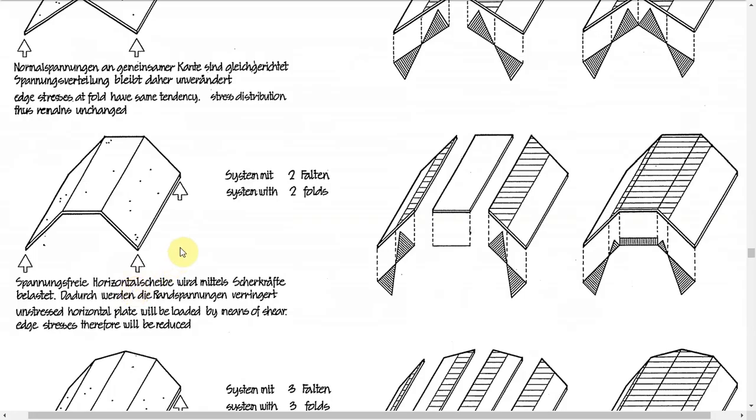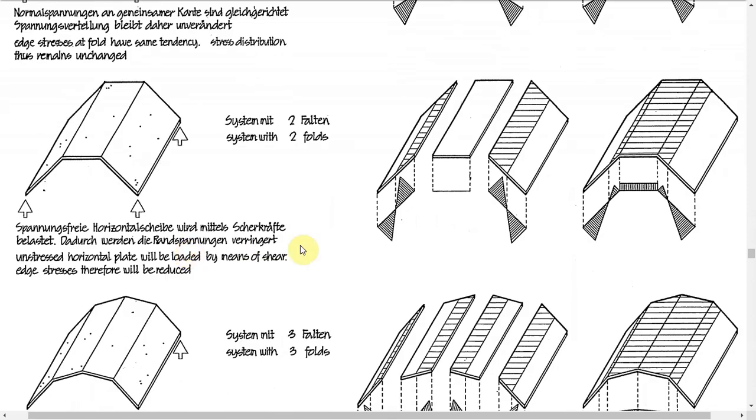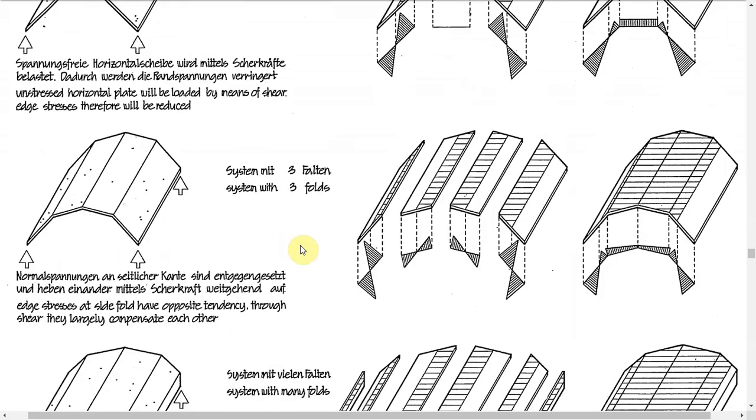Then if we introduce two folds, what happens? The unstressed horizontal plate will be loaded by means of shear edge stresses, therefore will be reduced. And as we go on increasing the folds, what happens? The edge stresses on the side folds have opposite tendency through shear.